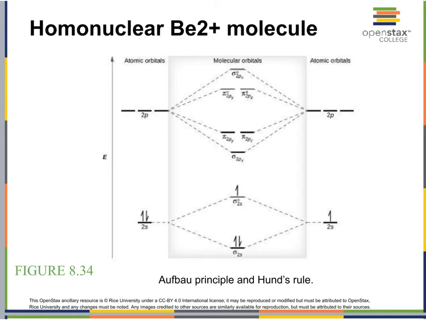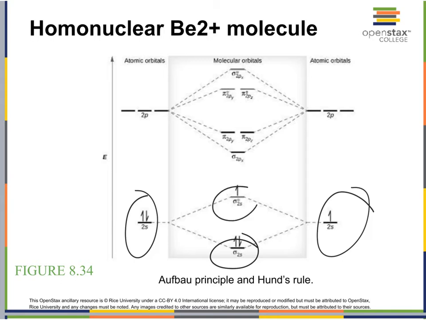Here is the 2s 2p combination. Now this gets a little bit more complex, but it's really not that bad, okay? Think about it. We take 2s of each, so now we're talking about beryllium, and we take the 2s from one beryllium and the 2s from another beryllium, and we create the sigma 2s and the sigma star 2s.